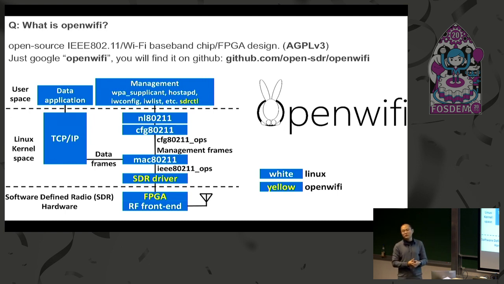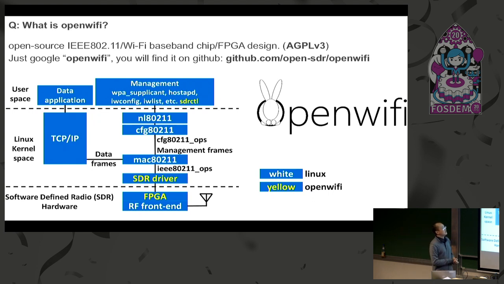You can just Google Open Wi-Fi. You will find our GitHub repository. Currently, I think it's in the top 3 or top 4 items in the Google search engine. Well, maybe it depends on your browser or your most frequent searching words in your browser. But in my browser, it's the third one.